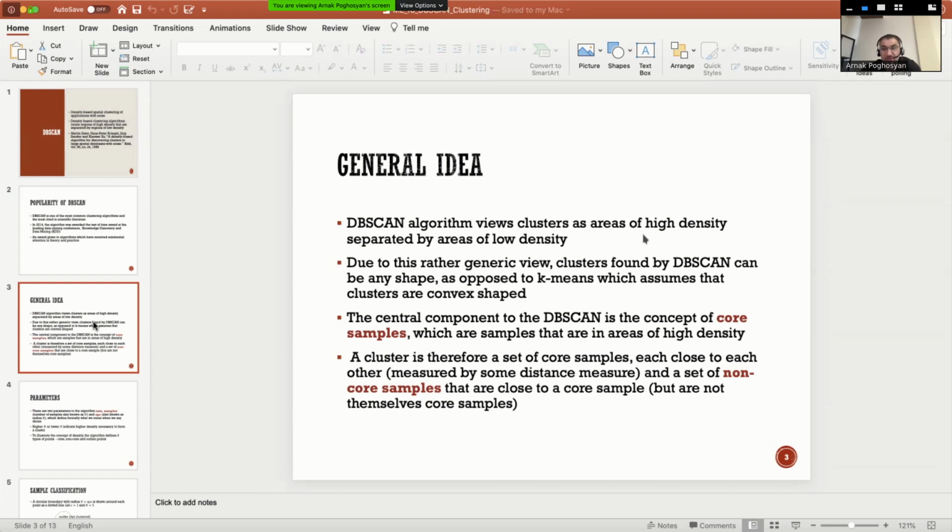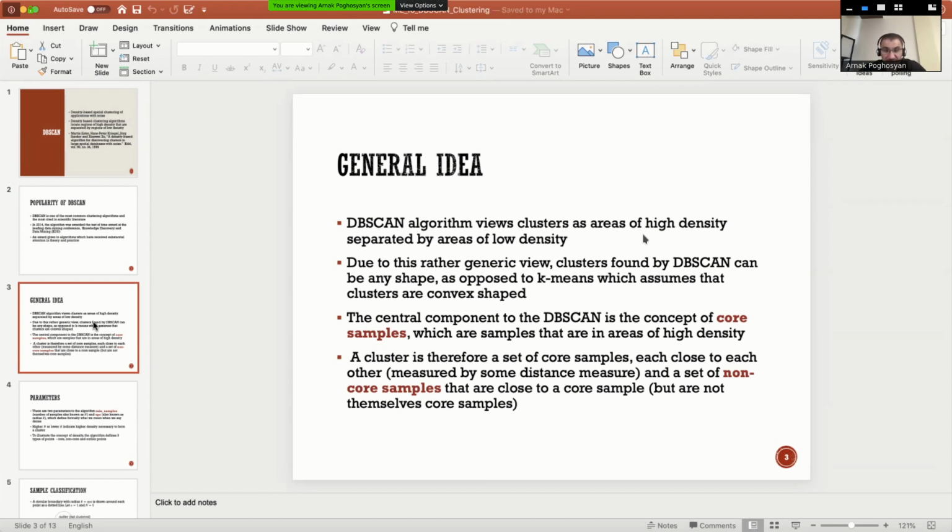So first of all, we are trying to capture high density domains, and all the points within these high density domains are core points, core samples. That is why when we are starting to perform DBSCAN clustering, we are labeling data points, trying to understand where we have core points, because these core points are composing our clusters.